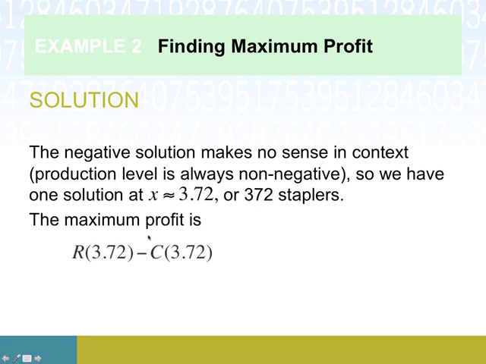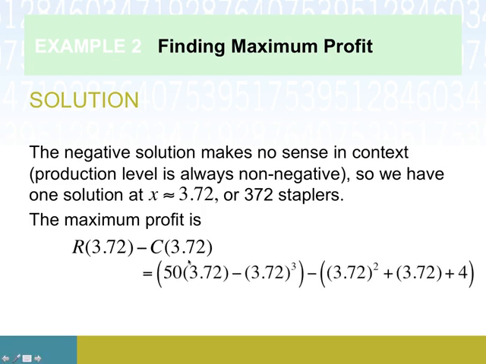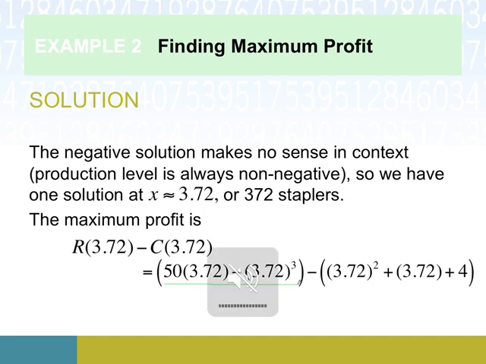Maximum profit itself is what we get when we go back to ask what profit is. We didn't actually officially find a profit function, but we could go back to our revenue and cost functions and subtract them when x is equal to 3.72. So here is our revenue function, here is our cost function, and those two pieces together would give us our profit.